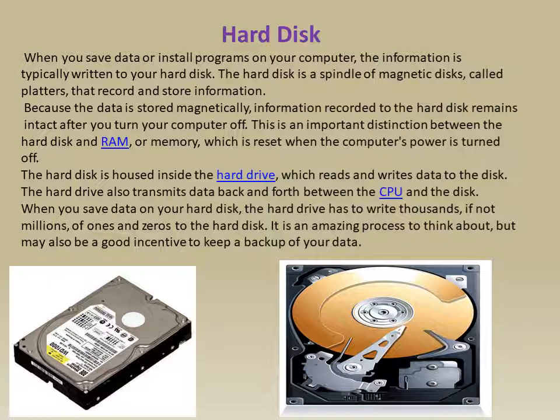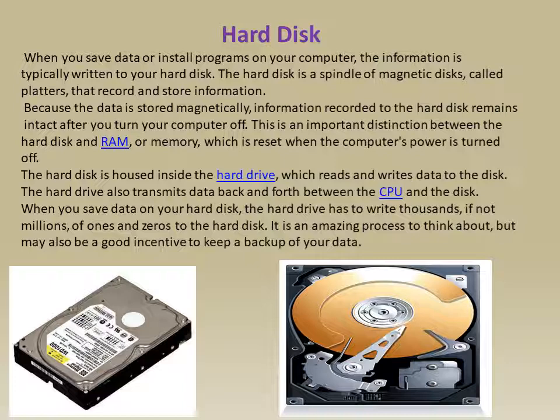This is an important distinction between the hard disk and the RAM. In RAM, when the current goes, the information you were writing is gone. But on a hard disk, it stays as it is because it is stored magnetically. RAM, or memory, is reset when the computer's power is turned off.